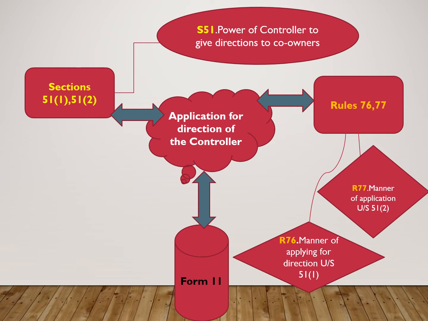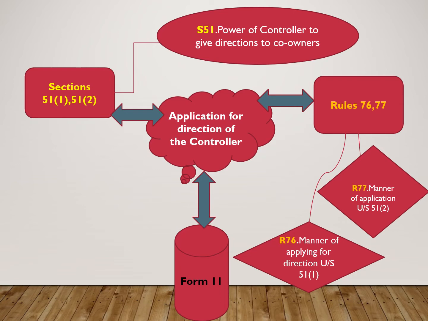The title of section 51 is Power of Controller to Give Directions to Co-Owners. Fine. And the rules linked with this form 11 are rule number 76, whose title is Manner of Applying for Direction under section 51 subsection 1, and rule number 77, whose title is Manner of Application under section 51 subsection 2.